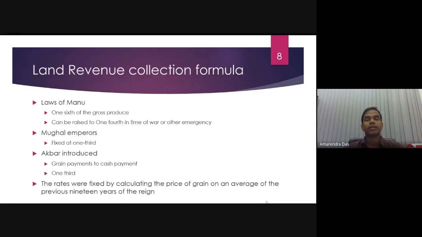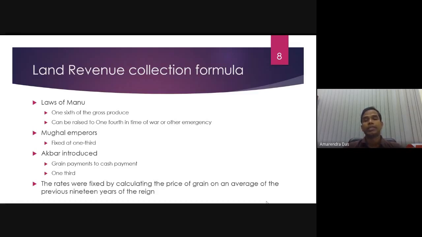Then coming to the land revenue collection formula, in the past, it is said in the laws of Manu, Manu had given the principle that 1/6 of the gross produce will be collected as revenue. However, this can be raised up to 1/4. Usually, in normal times, the cultivators pay 1/6 of the total produce as revenue to the king.